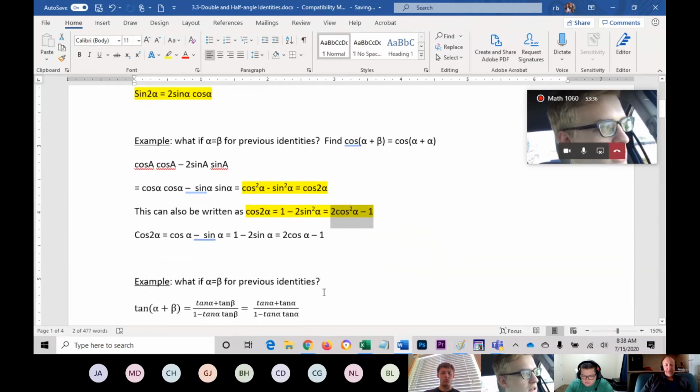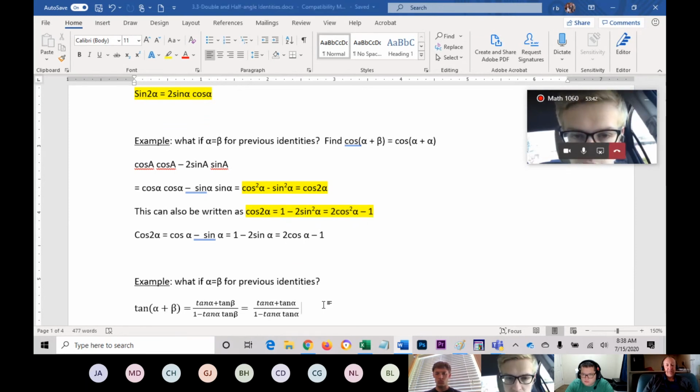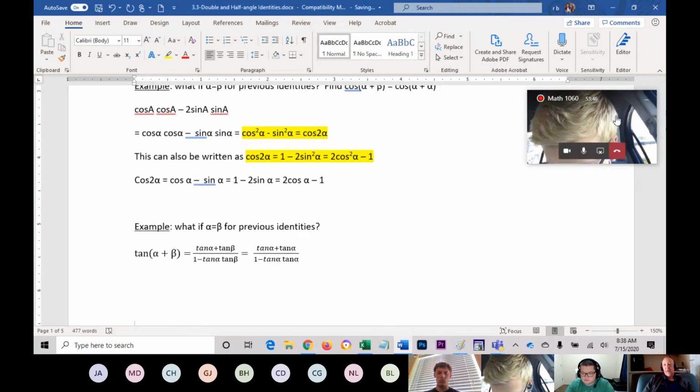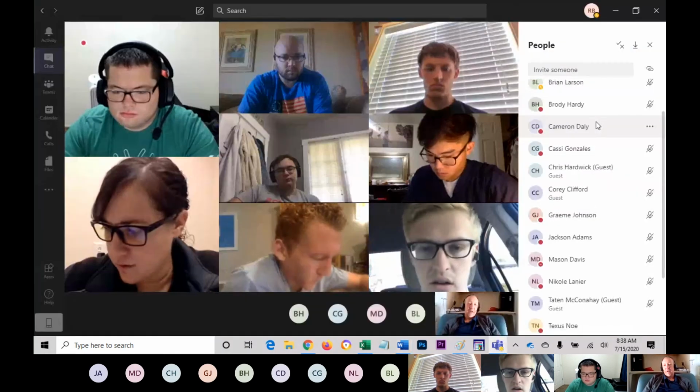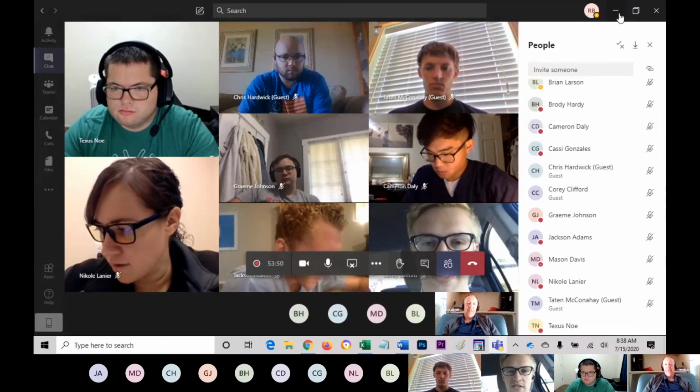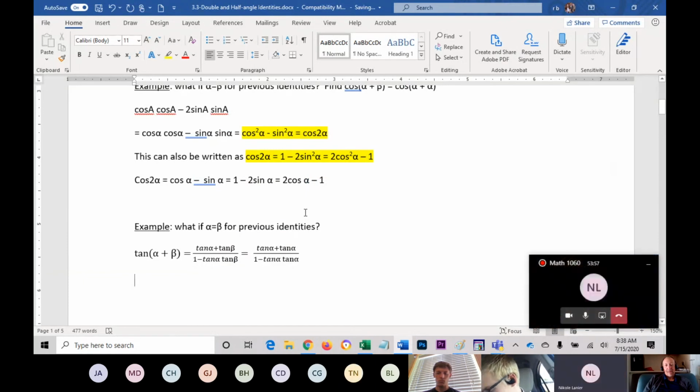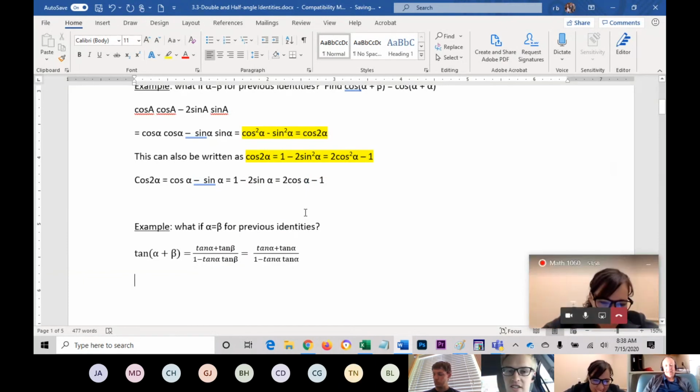Let's do the same thing with the tangent of alpha. So alpha equals beta again. Nicole, it must be your turn. Okay, I'm not going to be as fast. So then would it be the tangent of alpha?